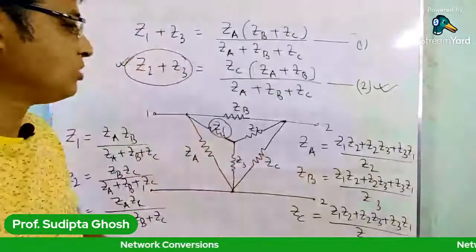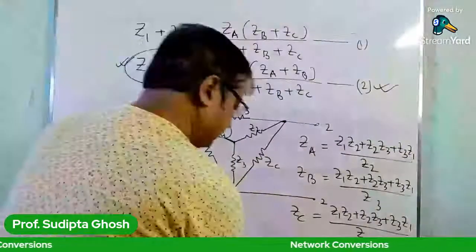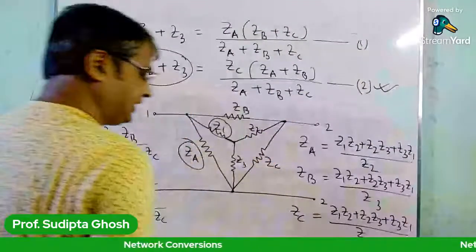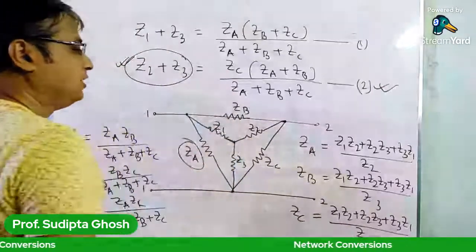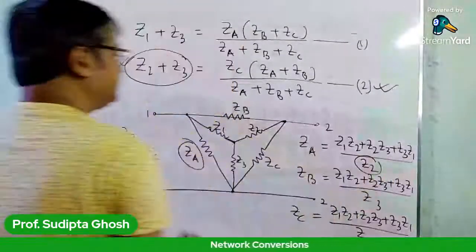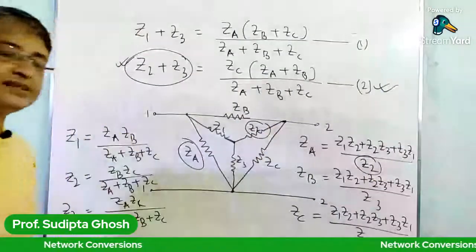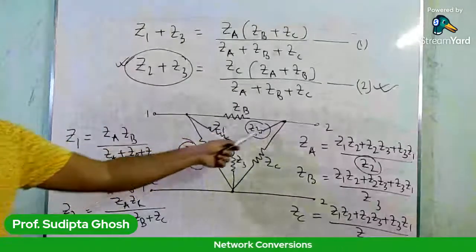Now let's check out where ZA is. This is the position of ZA. And now where is Z2? Z2 is just at the opposite end of the pi impedance.